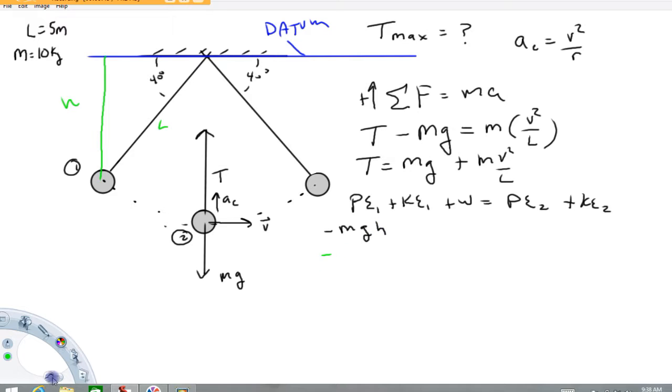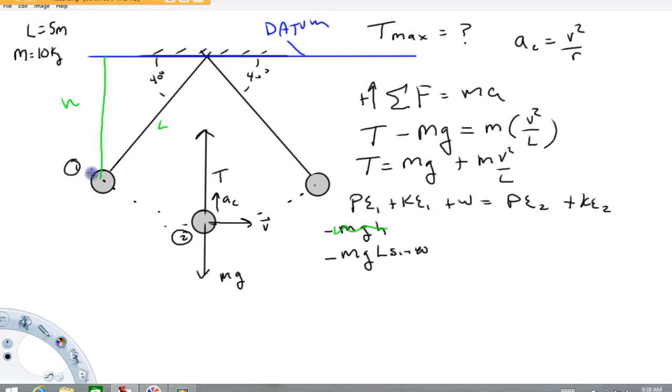So this is now going to read, I guess what I'll do is just rewrite this. Minus mg, and then the h is equal to L sine 40 degrees there. Could have just left it minus mgh and handled it later, but it's handled now. Minus mg L sine 40.